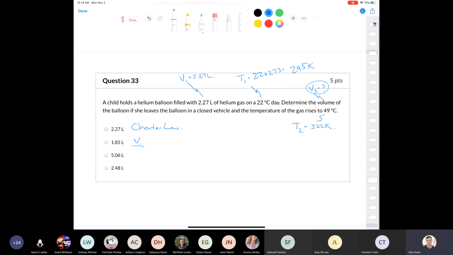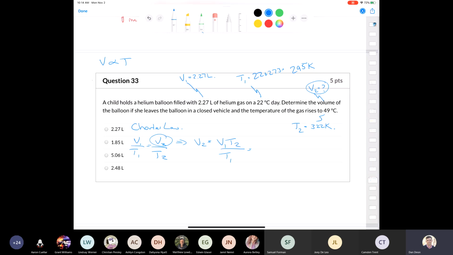We know that V1 over T1 is equal to V2 over T2. We discussed this law in depth, and we said that volume is directly proportional to temperature. If the temperature is increasing, the volume of the balloon should increase as well. So V2 is equal to V1 times T2 over T1.